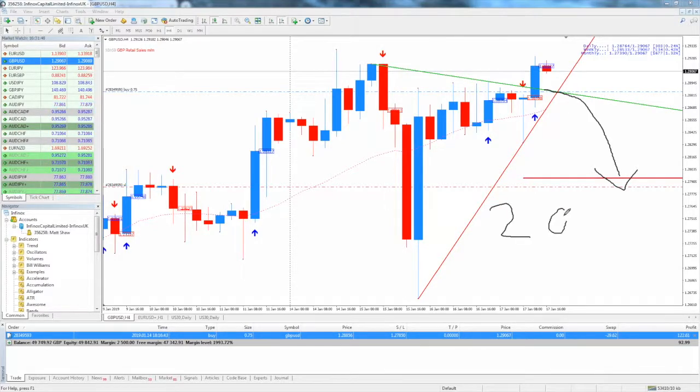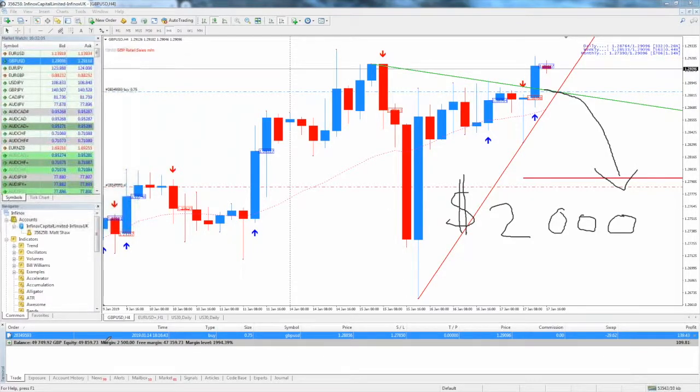Now $2,000 on just under a $50,000 account, that's quite a bit. $2,000 is around £1,600, which goes about 30 times into 49,000, so it's just about 3.4%. That's too much. To lose $2,000 on a 49,800 pound account is too risky.